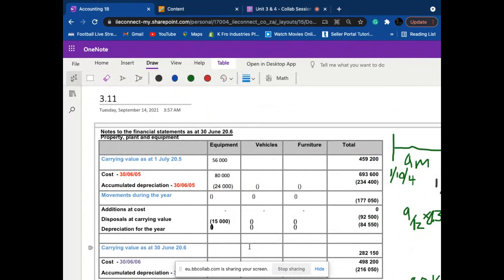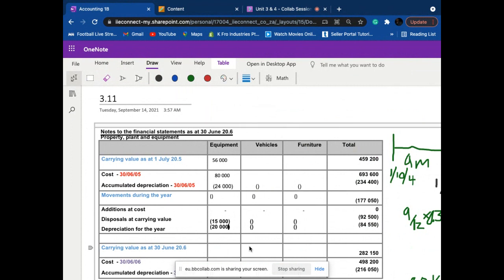So we come here and we say depreciation for the year, 20,000. You see that? Now, did we buy any additional equipment? So here under additions at cost, we leave it blank. Okay? Can put a 0 there.